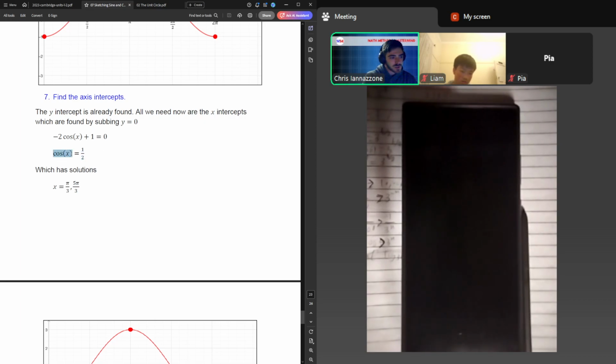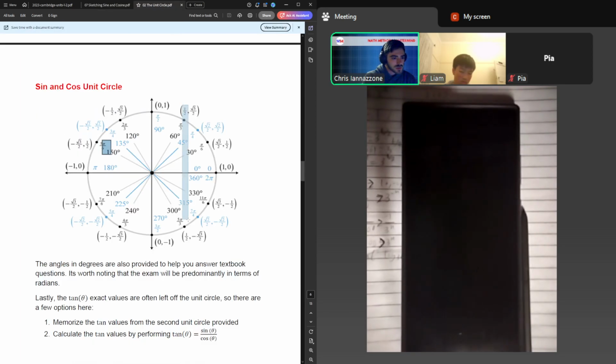And the reason why is because cosine is your x coordinates. And so you want to figure out where are all the spots on the unit circle where the x coordinate is a half. That's going to be those two spots there. It's going to be your pi over 3 and your 5 pi over 3.